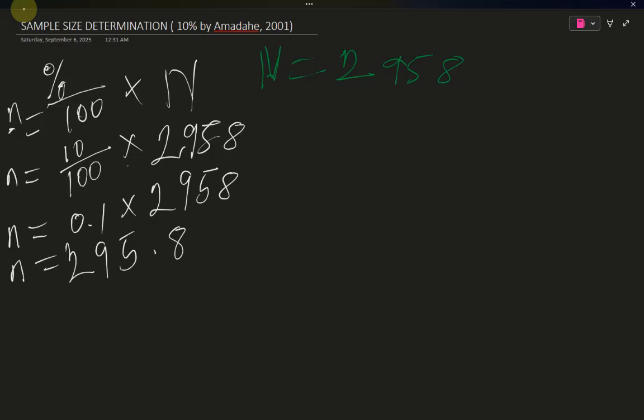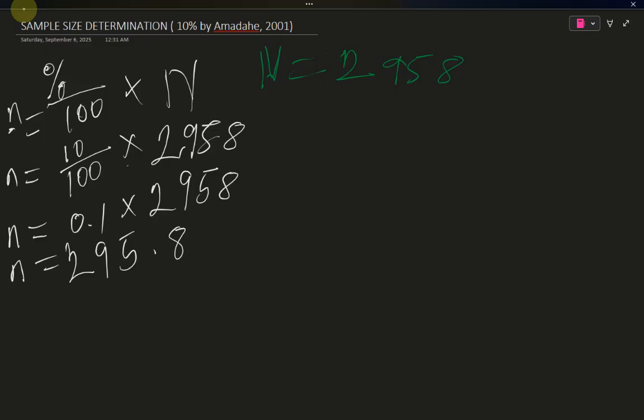But if we are rounding it to the nearest whole number, or rounding it off, you check this: if the number after the decimal point is 5 or greater, you add 1 here. But if it is less than 5, you maintain the number which is here.